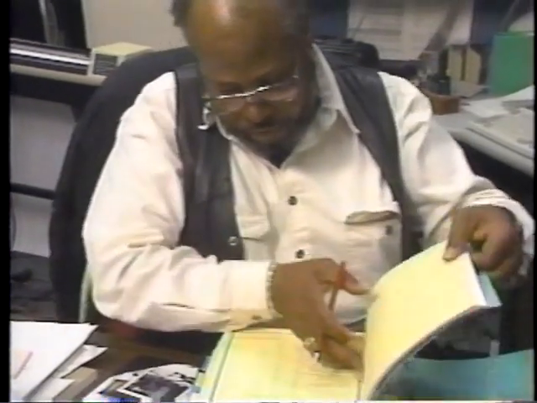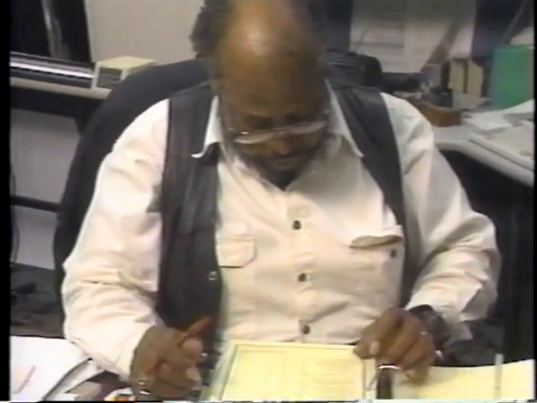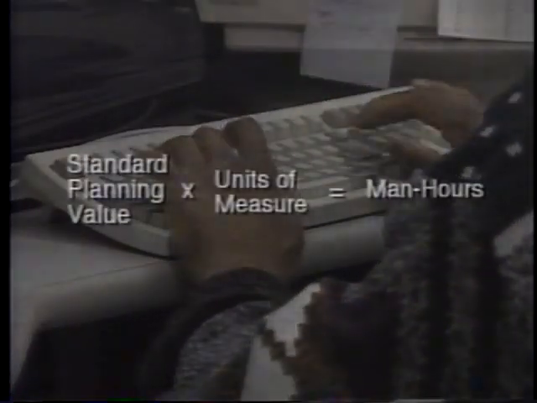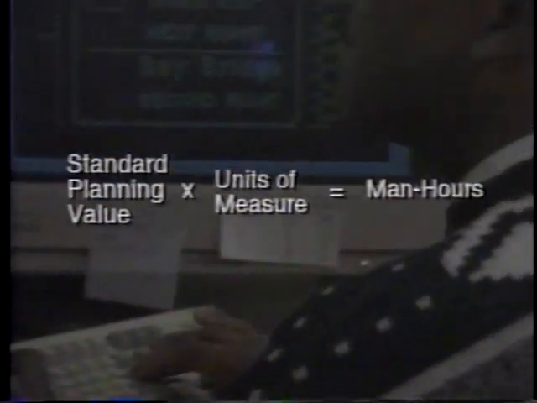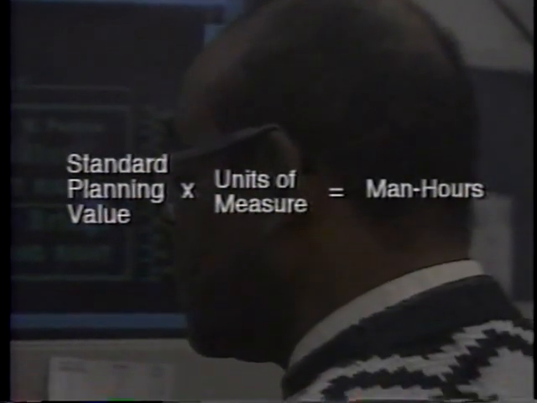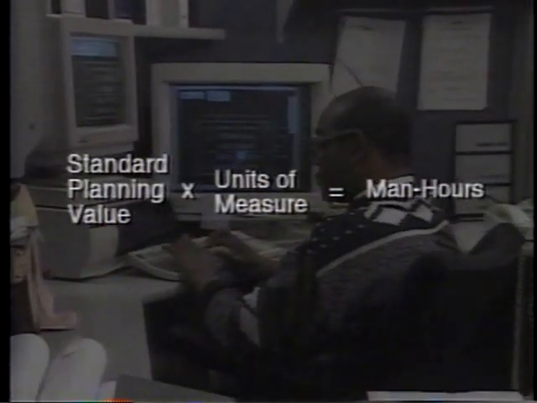However, an outline of major work items for each contractor operation and the type of attention required, one-time, intermittent, or full-time, can be developed. Standard planning values uniformly quantify the work which must be performed by field construction personnel in construction management.